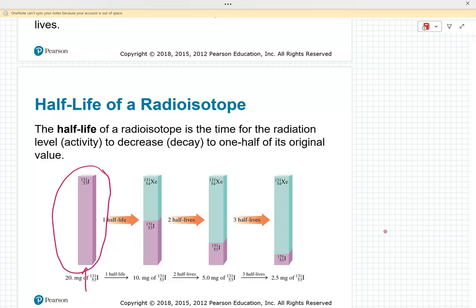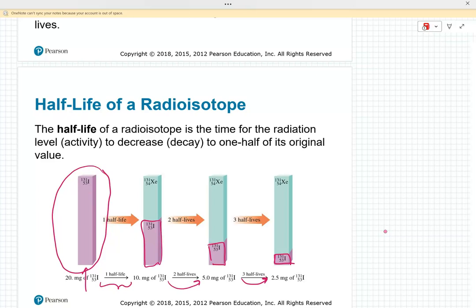Let's say we have 20 mgs of iodine-131. After one half-life, we have 10 mgs. Another half-life, 5 mgs. Another half-life, 2.5 mgs. Does that concept make sense?